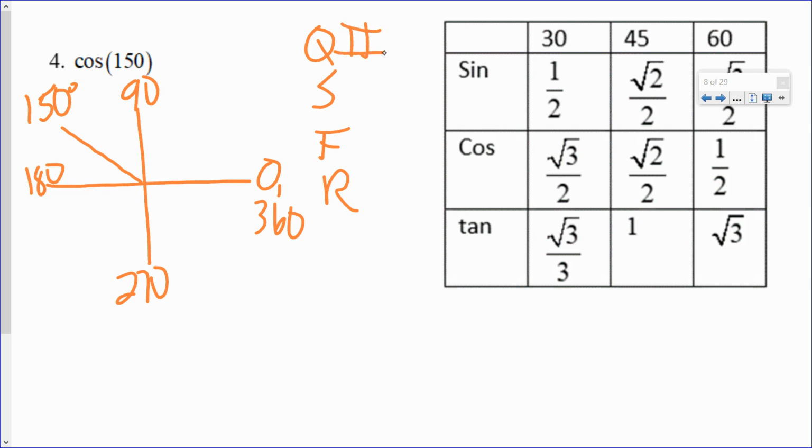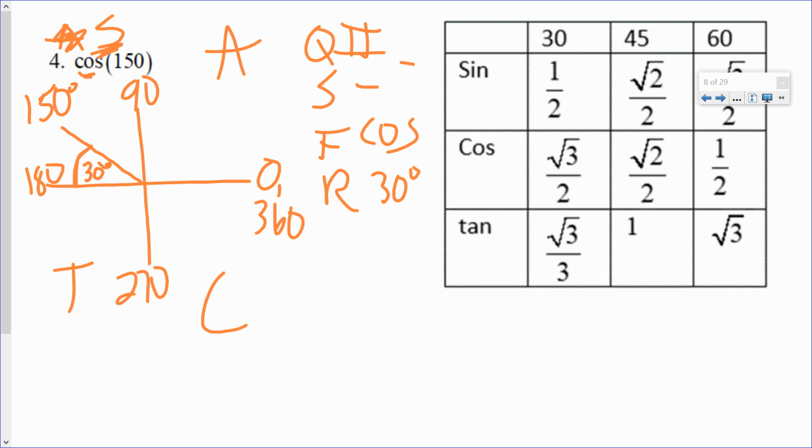What's the sign in quadrant 2? This goes back to all students take calculus. In quadrant 2, sine is positive, which means cosine is going to be negative. The trig function is cosine, and the reference angle is the angle that's made between the angle and the x-axis. So in this case, it's 180 minus 150, which is 30.